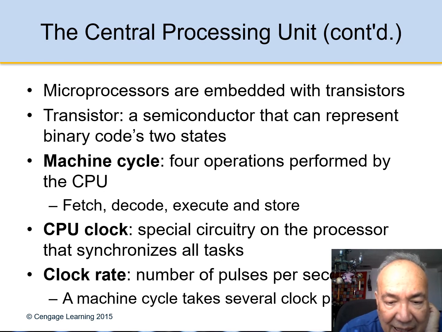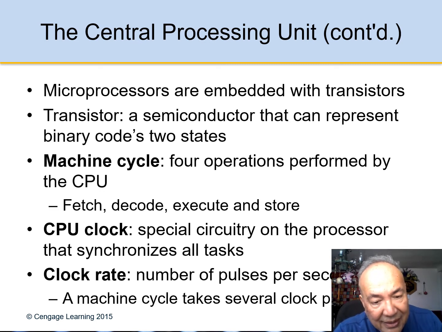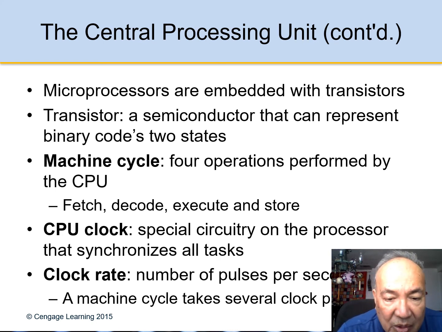The machine cycle has four operations performed by the CPU: fetch, decode, execute, and store. Fetch means get the data, decode it into words or numbers. Execute means put it together or combine these words so that it will have some meaning, and then store it.